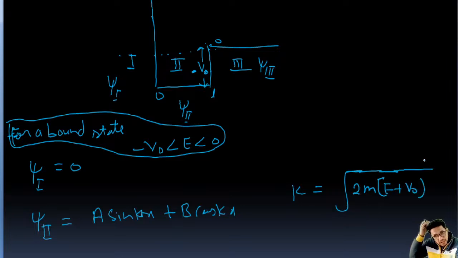Because E is greater than minus v naught. So this is E minus V, where the V value is minus v naught, so minus minus plus, upon h cut squared.